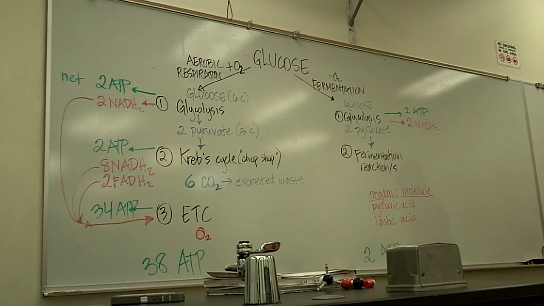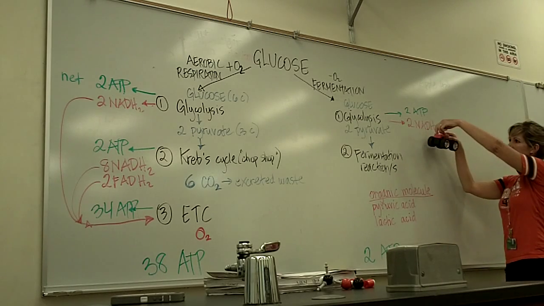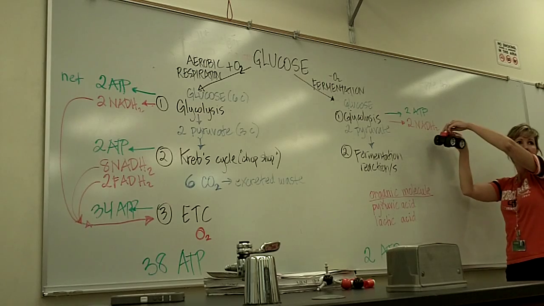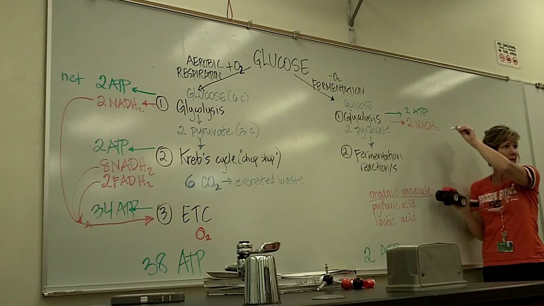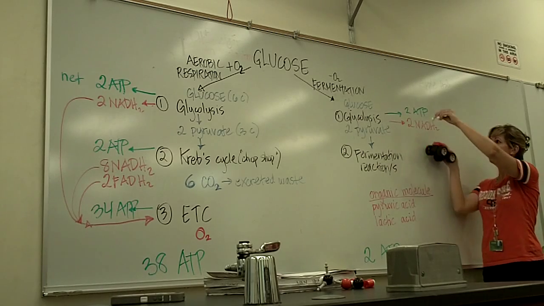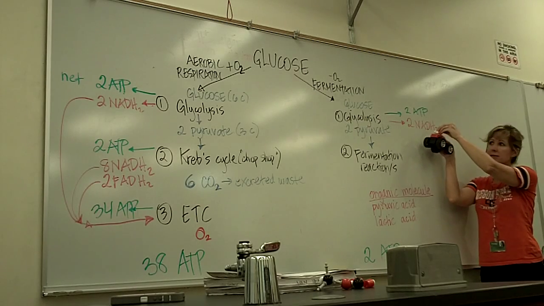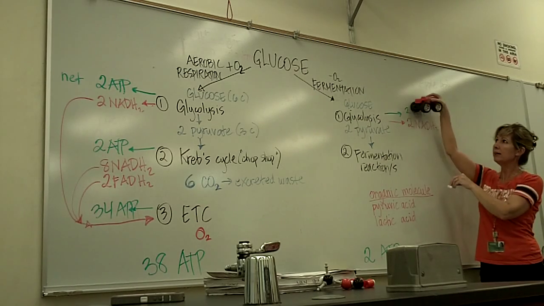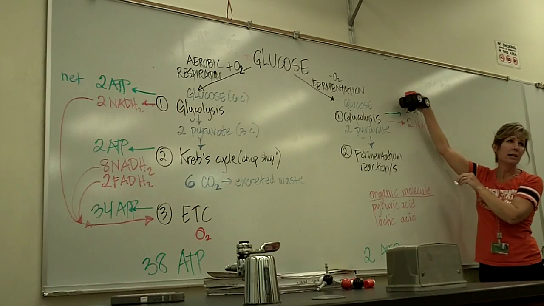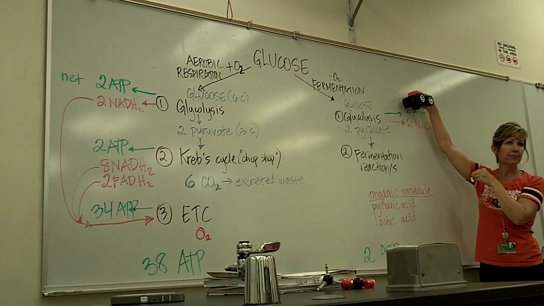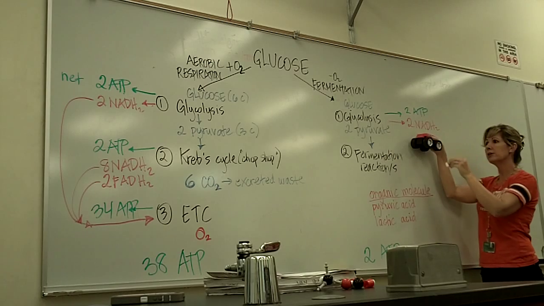Now, a problem is, here you have your H loaded on the carrier, but we really don't have a market, right? Don't have the electron transport chain. So these H have to be unloaded somehow, because if you don't have any unloaded ones to put into glycolysis, then glycolysis will stop. So you have to be able to load and unload.